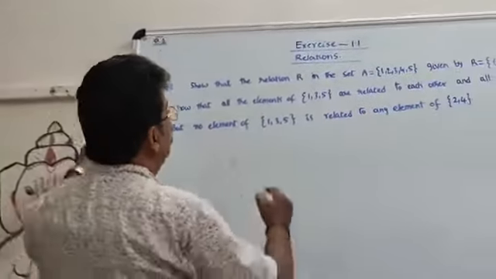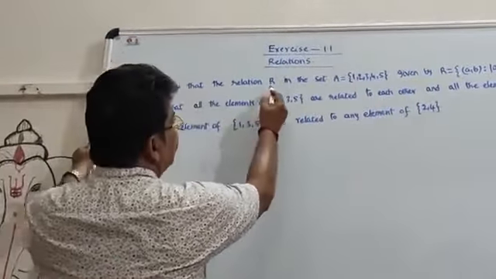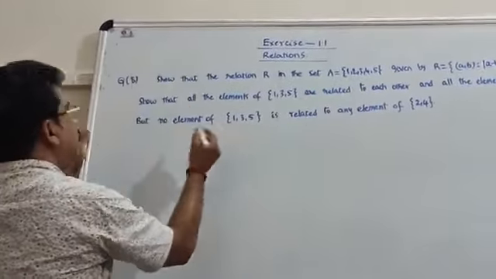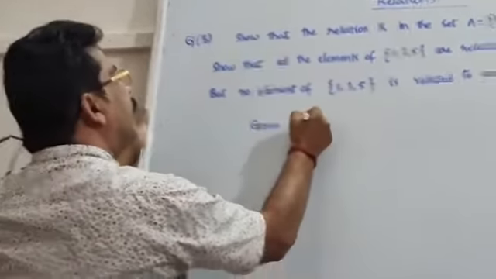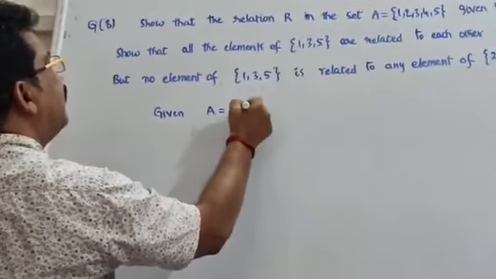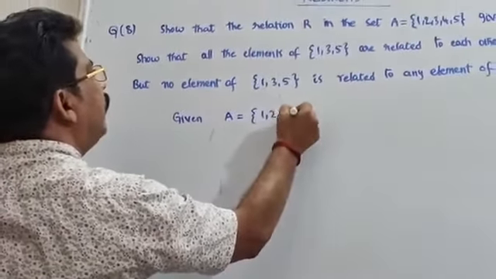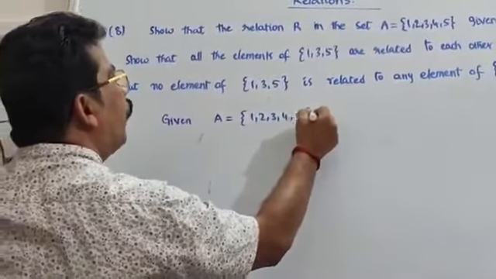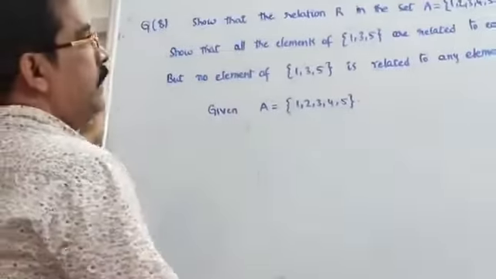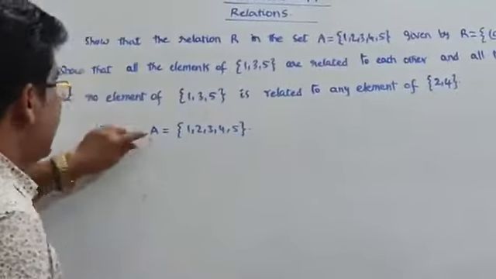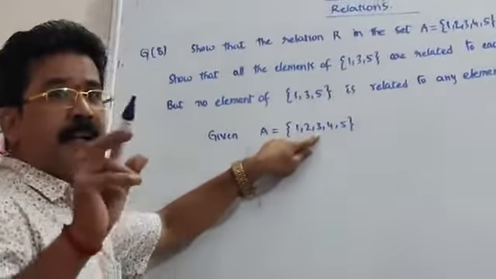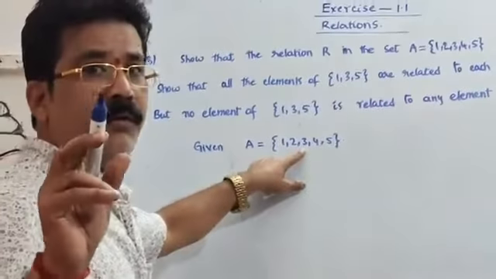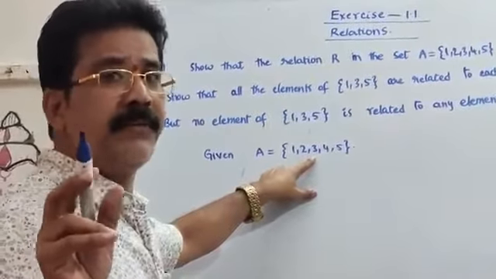Show that the relation R in the set... So the main set given is A equal to the set {1, 2, 3, 4, 5}. Actually, capital A, n(A) equals 5. n(A × A) equals 5 times 5, which is 25.